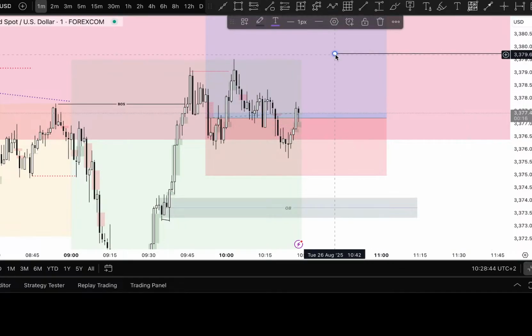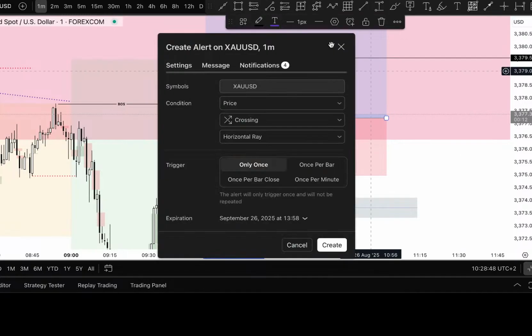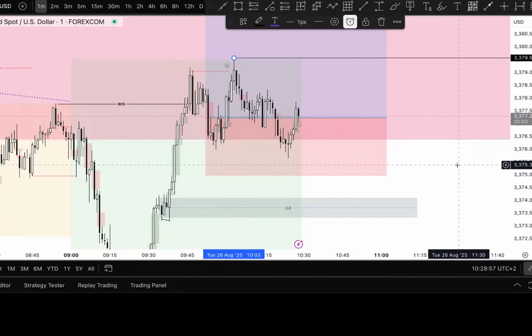We'll move the stop to break even once this hits here. We'll do that. The only thing which we can do is trust the process. That's it. Simple as that.